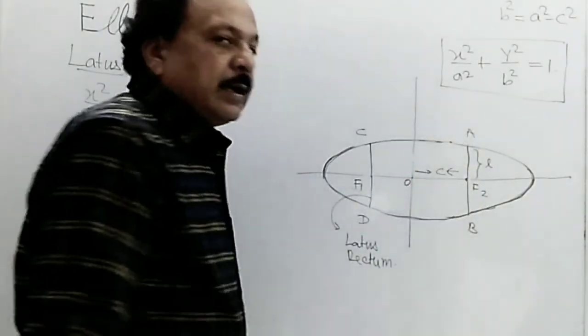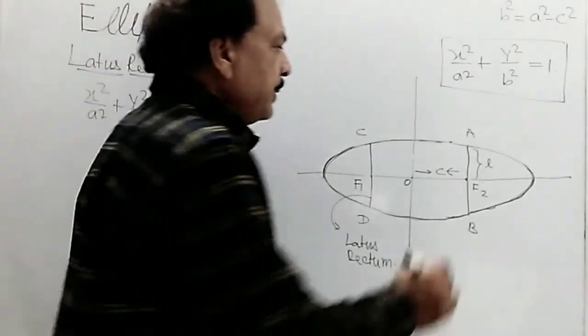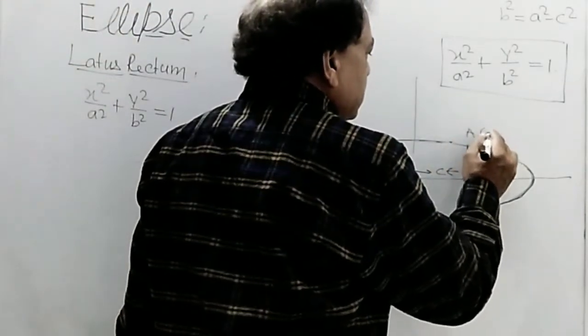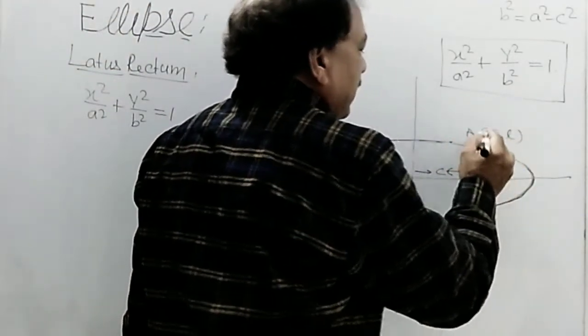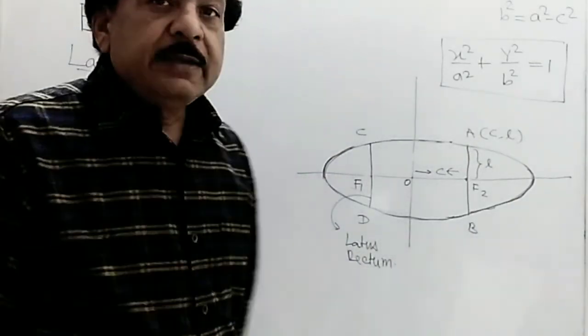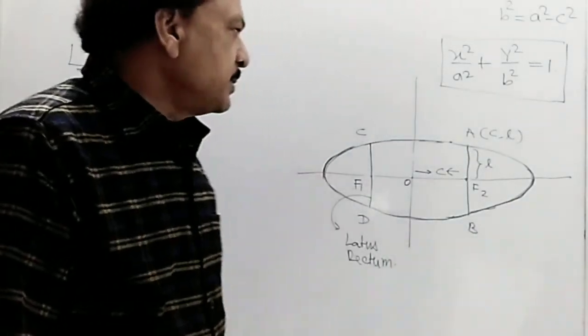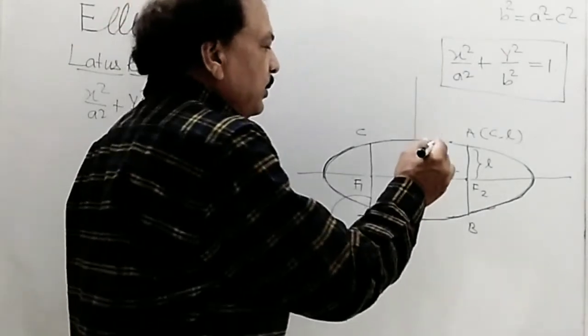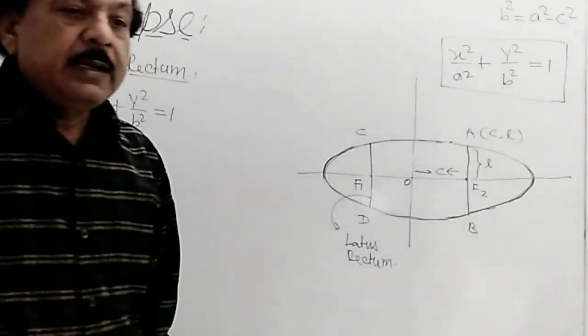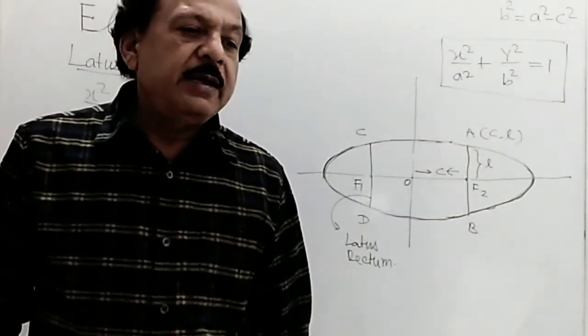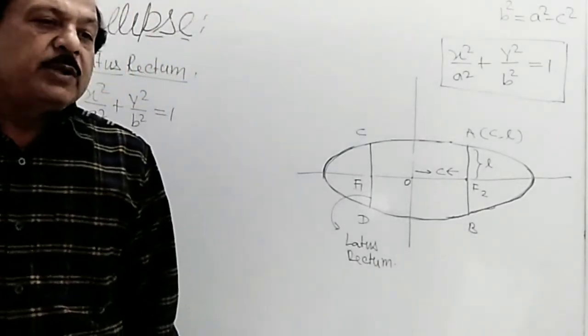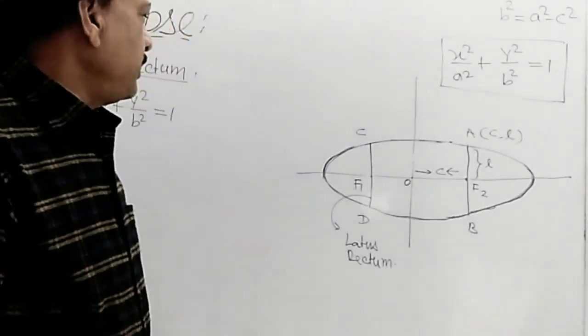Then you can write the coordinates of A as (c, L). And you know that e is the eccentricity of the ellipse.